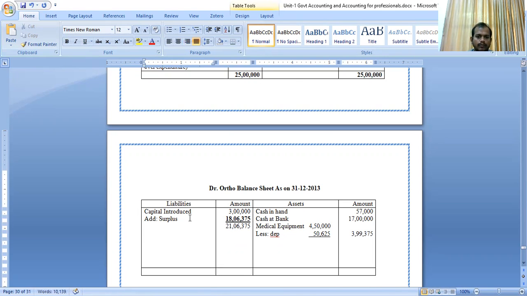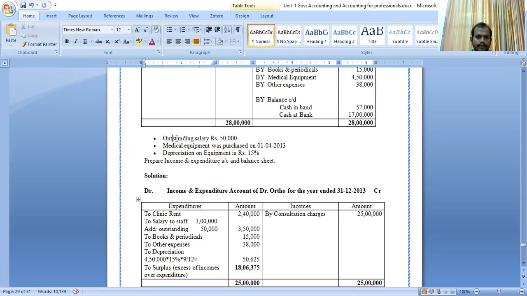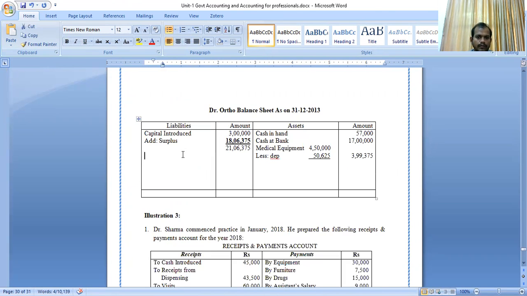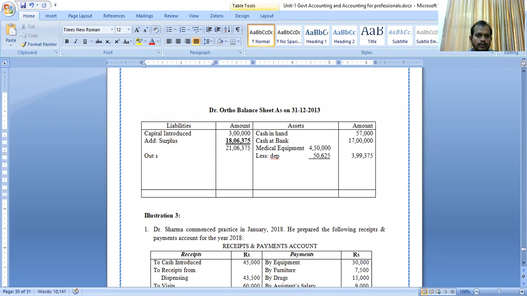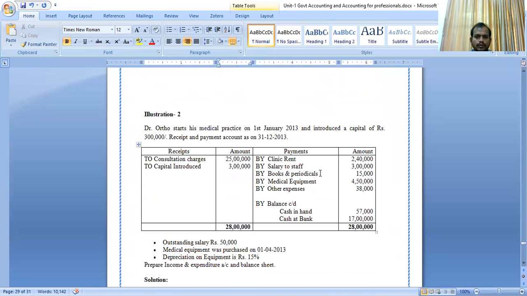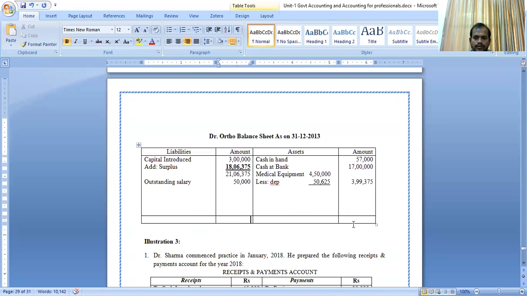So we have outstanding salary 50,000. There is no transaction left over, so we'll finalize the balances.